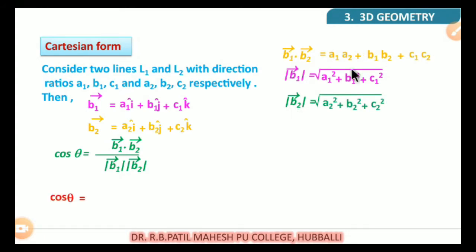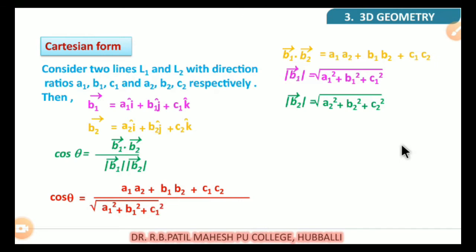Now replace all these values in this cos theta formula. So the dot product will be a1 into a2 plus b1 into b2 plus c1 into c2 whole divided by square root of a1 square plus b1 square plus c1 square into again square root of a2 square plus b2 square plus c2 square.